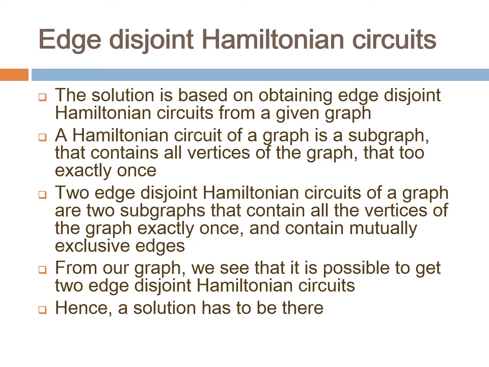Two edge disjoint Hamiltonian circuits of a graph are two subgraphs that contain all the vertices of the graph exactly once and contain mutually exclusive edges. From our graph, we see that it is possible to get two edge disjoint Hamiltonian circuits. Hence, a solution has to be there.